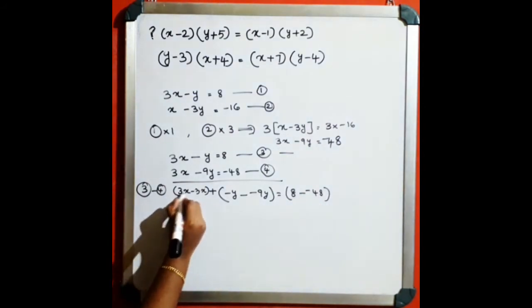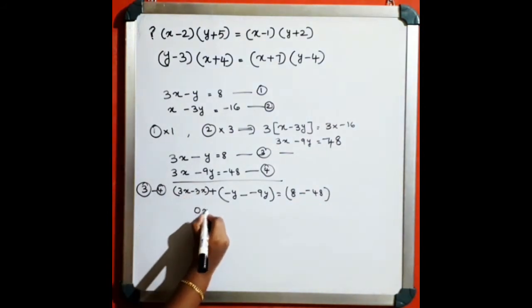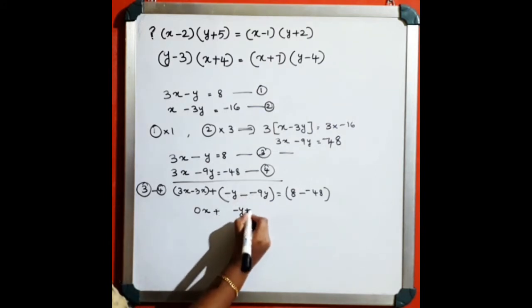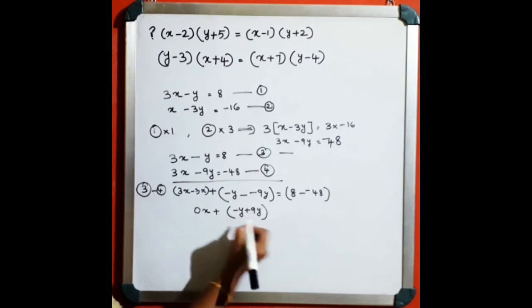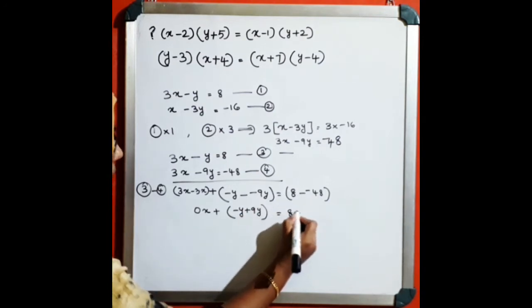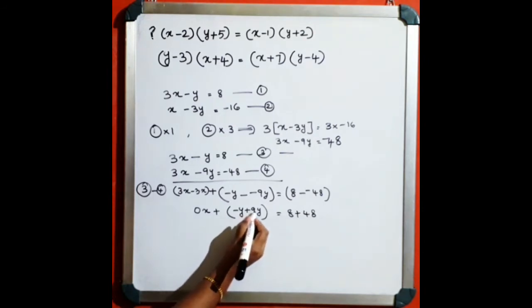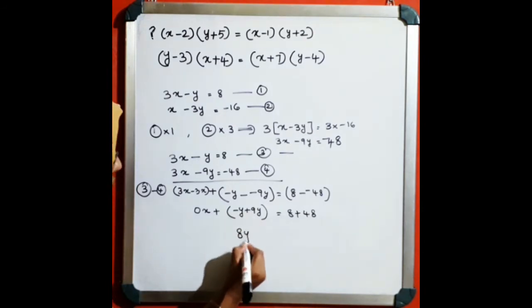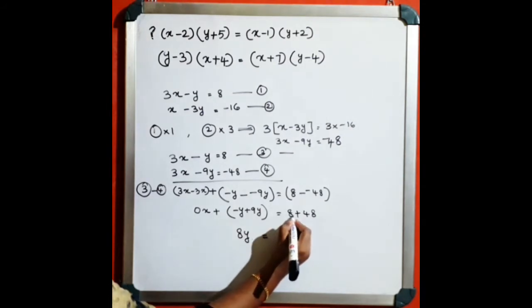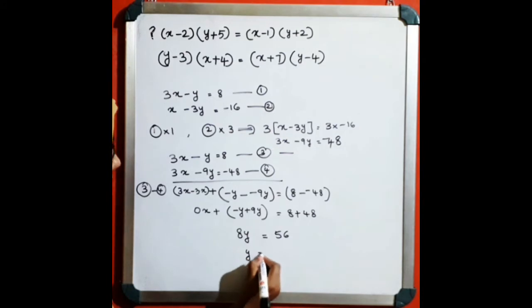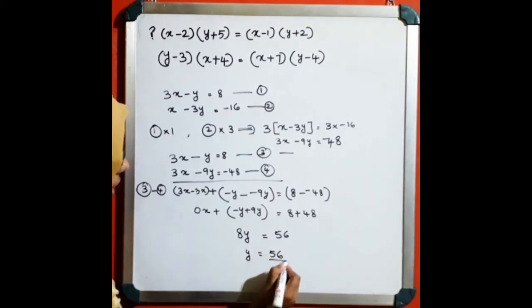So the value is 3x minus 3x is 0x plus minus y minus plus 9y is equal to 8 plus 48. Minus y plus 9y, that is 9y minus y is 8y. 8y is equal to 8 plus 48 is 56. So the value of y is 56 divided by 8. 56 divided by 8 is 7.